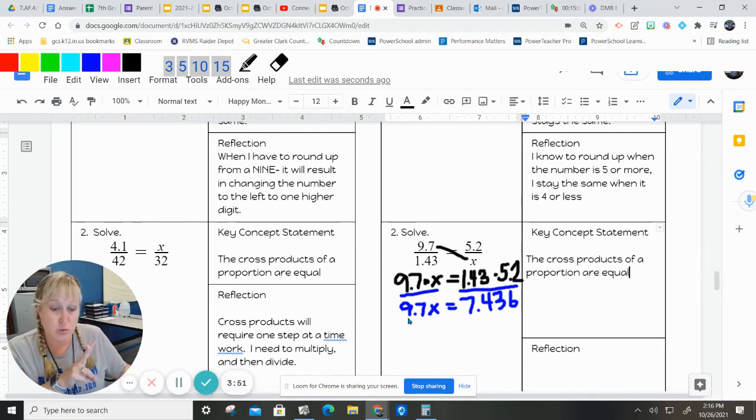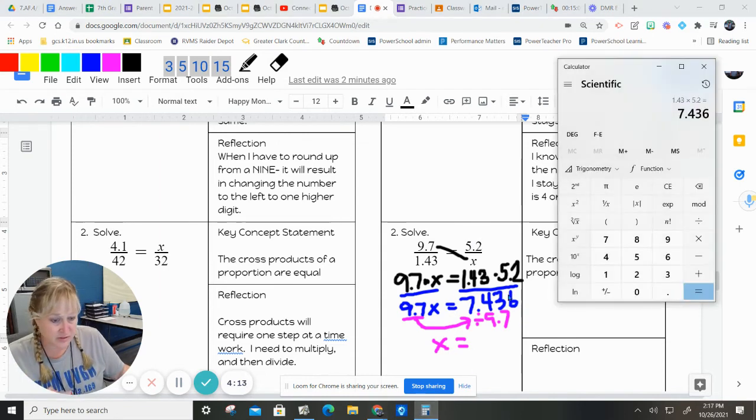Step 3, you are going to move away from the x. So I'm using that opposite operation of division, which is dividing both sides by 9.7. That means that you will have the x left on this side. So I'm rewriting that step. Step 1, step 2, step 3.